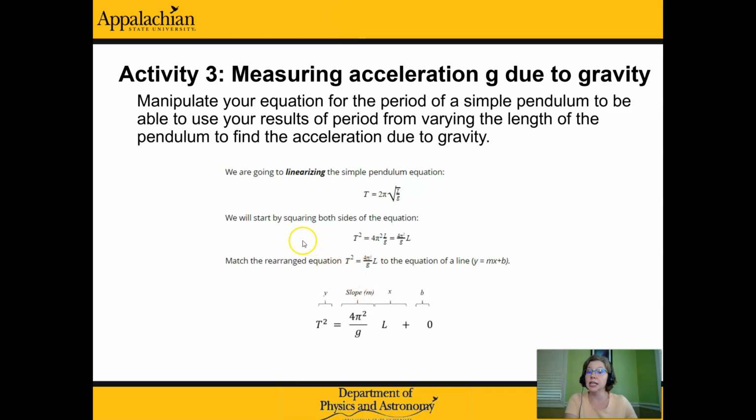In terms of a linear equation, remember a linear equation is y equals mx plus b. Our y in this case is going to be T squared. Our slope is going to have g in it. Our x, or the data plot on the x-axis, the thing we're allowed to change, is our length. And the y-intercept will be 0.